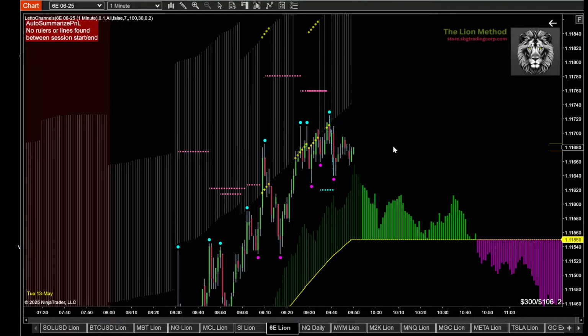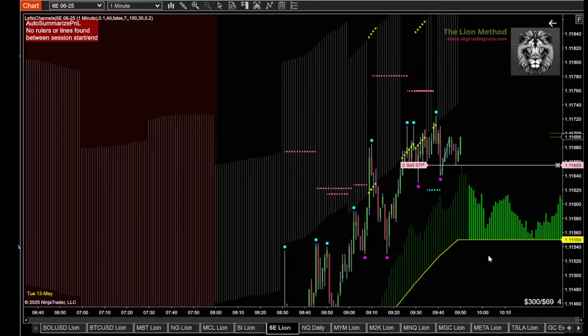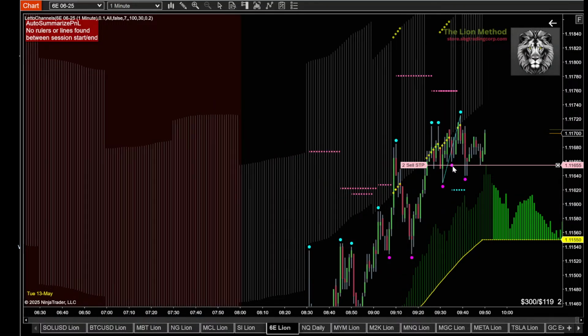Could do two contracts short. So let's put short two contracts of the 6E right at that level, 1.11655.